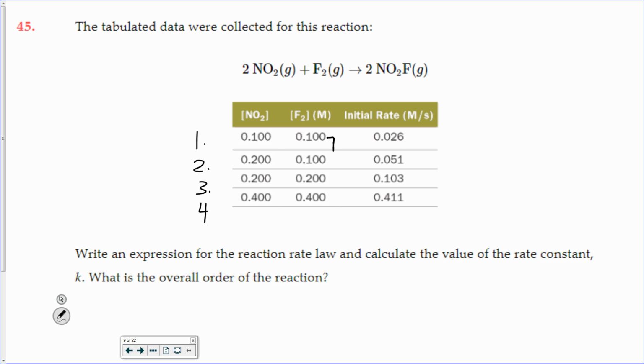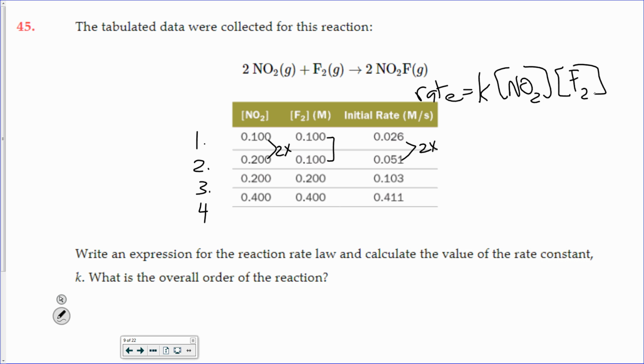So the F2 is the same on this one, and on this variable it doubles. And if I look at the rate, the rate increased almost by a factor of 2, so it's twice as much. So what that means is that if I think about the rate expression, rate is equal to K times the concentration of the first reactant times the concentration of the second reactant. And I'm trying to find out what these orders are.